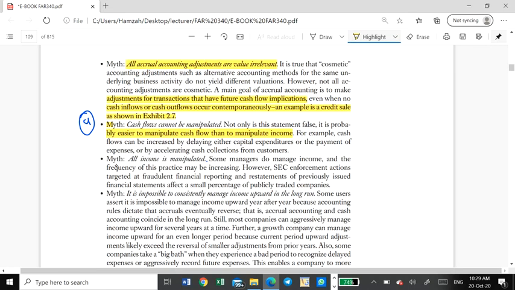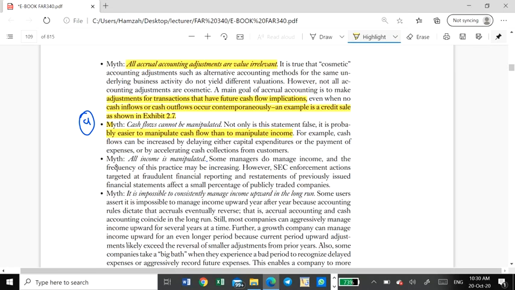So mitos yang kelima ialah all income is manipulated. Some managers do manage income, and the frequency of this practice may be increased. However, Security Exchange Commission enforcement actions targeted at fraudulent financial reporting and restatements of previously issued financial statements affect a small percentage of publicly traded companies. Okay. So tak semestinya semua income tu dimanipulatekan.